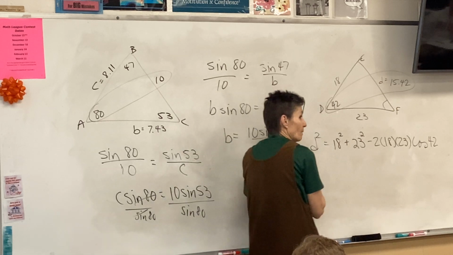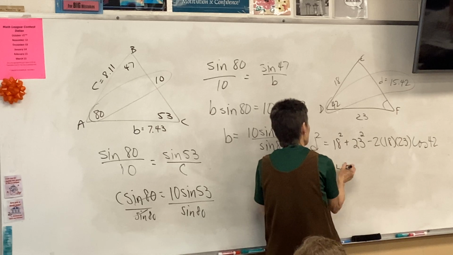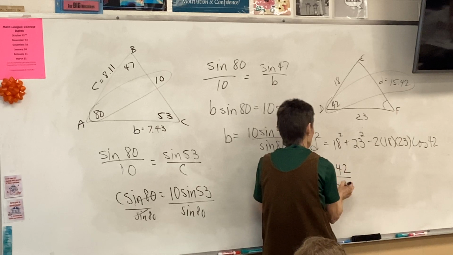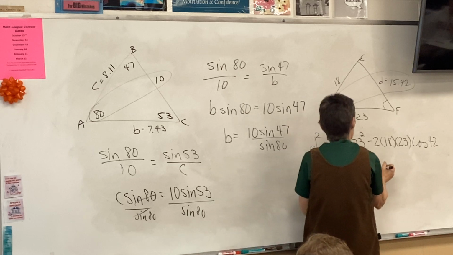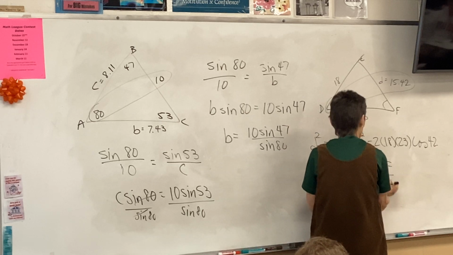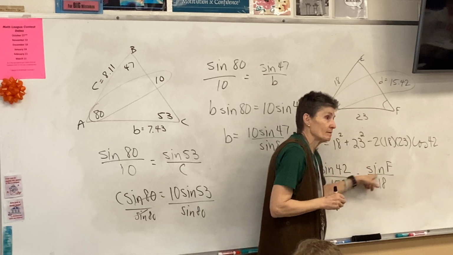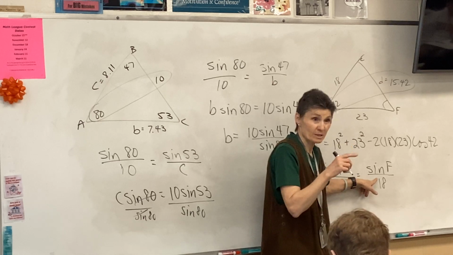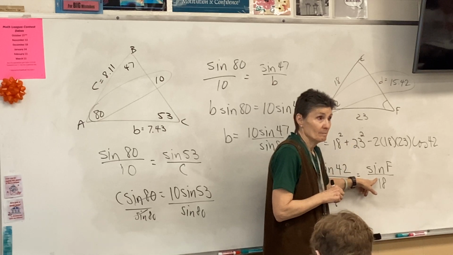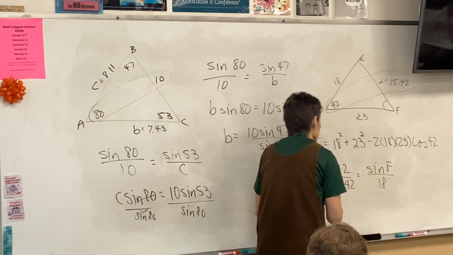So we can set up our law of sines. Sine 42 over 15.42 equals sine F over 18. And the minute I write that, I know eventually I'm going to be doing inverse because I'm looking for an angle. Right, but first I'll cross multiply.